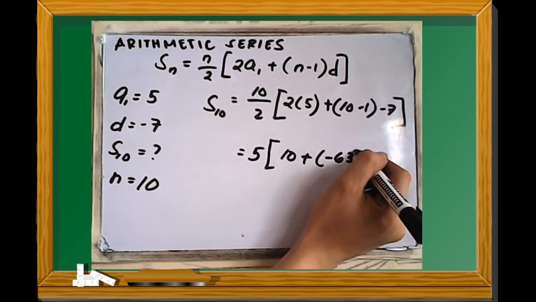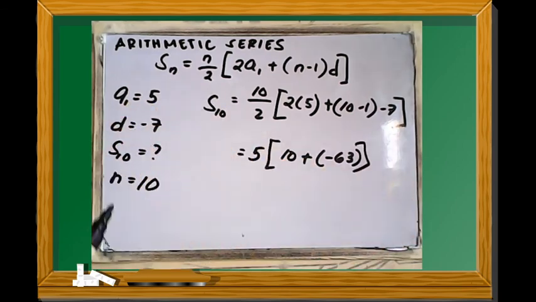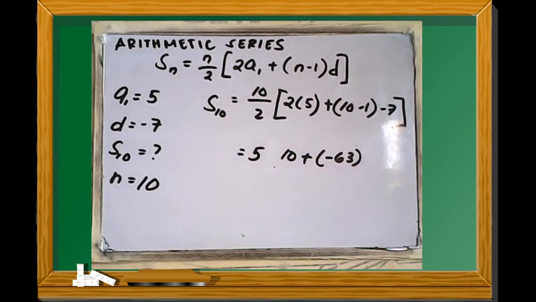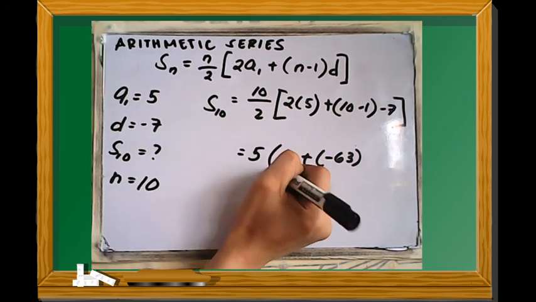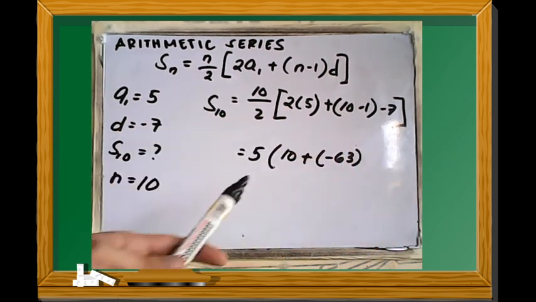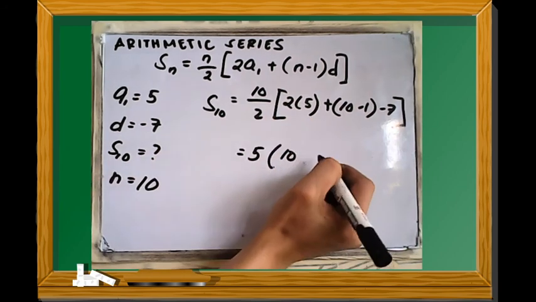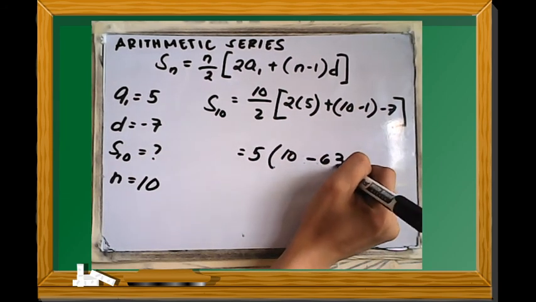We can have a shortcut: instead of plus negative 63, we can use 10 minus 63.